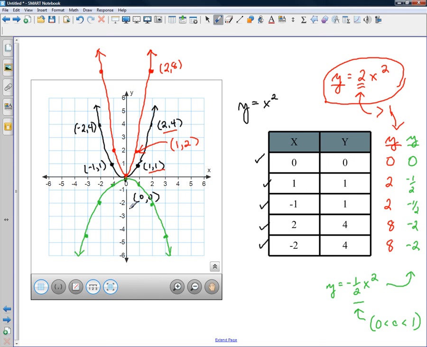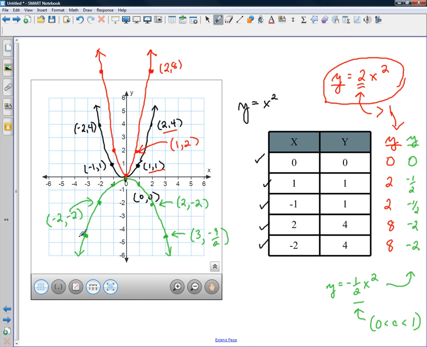And notice that if you put in, for instance, 2, you square it, of course, and get 4, but times a negative 1/2 gives you a negative 2. Or back here, when you put in negative 2 and you square it, you get 4, but 4 times a negative 1/2 takes you to negative 2. And I added some additional points here that aren't in the table. For instance, if you put 3 in and you squared 3, you'd get 9, but 9 times a negative 1/2 is negative 9/2, or negative 4.5.